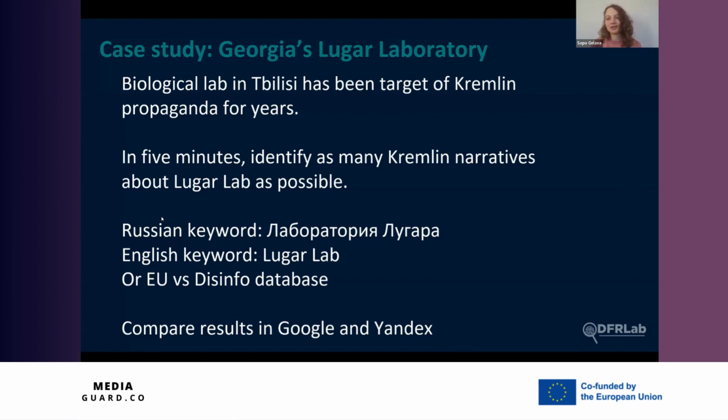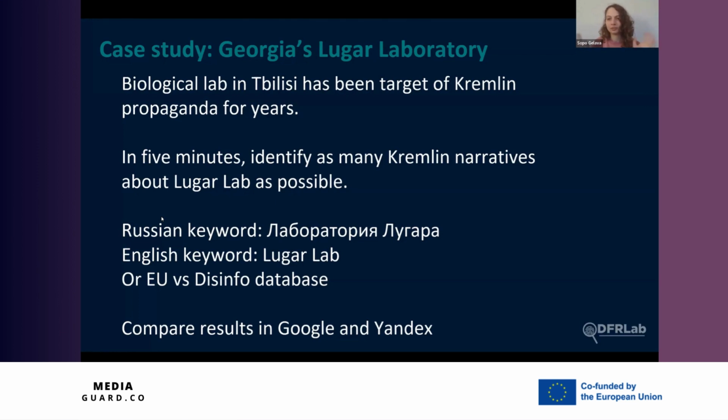In 5 minutes, please identify as many narratives about the Lugar Lab in English or Russian sources as possible. My ask is also to compare results in the Google search engine and the Yandex search engine. Take the English keyword, not the Russian one, to have a more consistent and similar approach. So in Google, type Lugar Lab, and then in Yandex, type Lugar Lab, and let's compare the results.